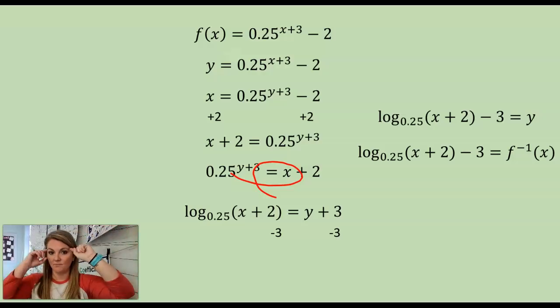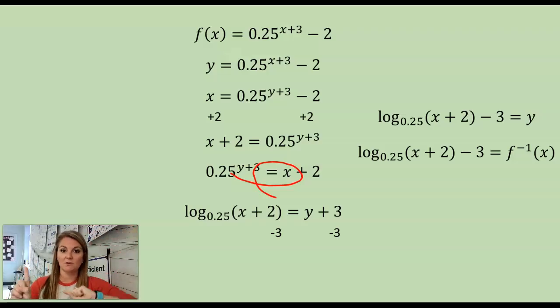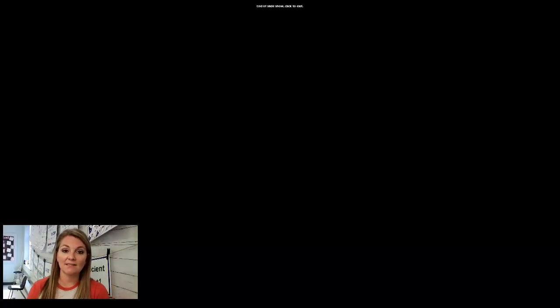Originally, mental check, I originally had an exponential, I finished with the log. Originally adding 3, and it was a plus 3 h, a minus 3 k in my inverse. My minus 2 original, my minus 2 k in my original makes sense that it's going to be a plus 2 h in my inverse. And that is inverses.